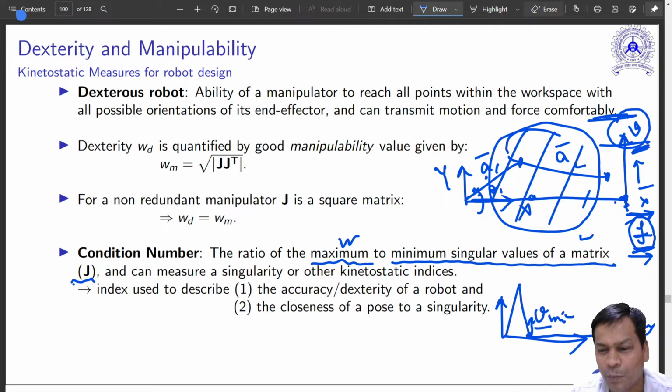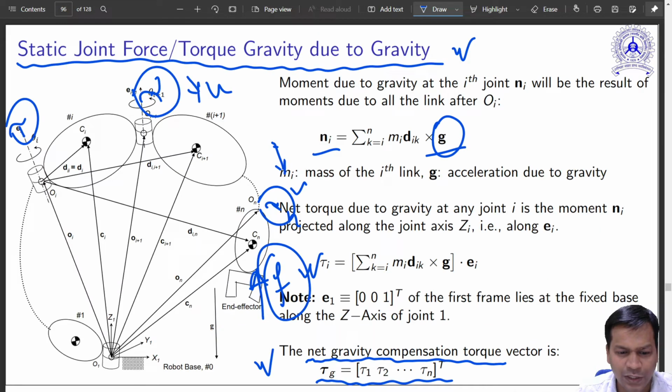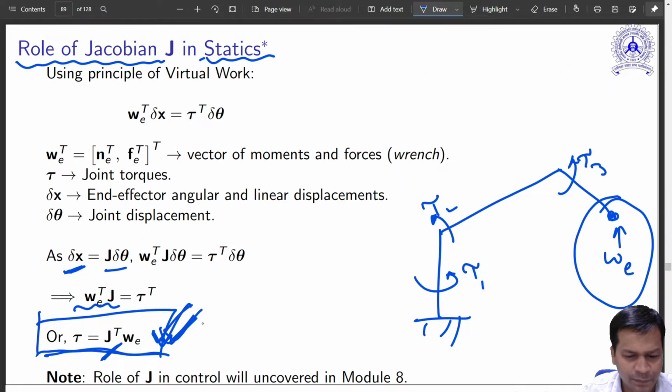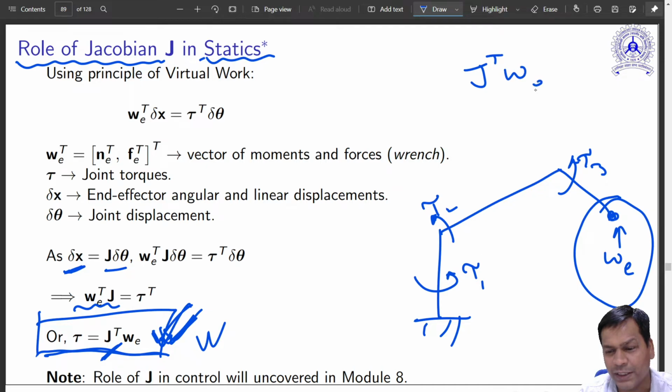Now what is the Jacobian? Why did it come into the picture? The Jacobian relates, as you saw just now, end effector force and joint torques by the Jacobian transpose. I'll show you that equation we did just now. J transpose WE, that is the end effector force, is equal to tau.